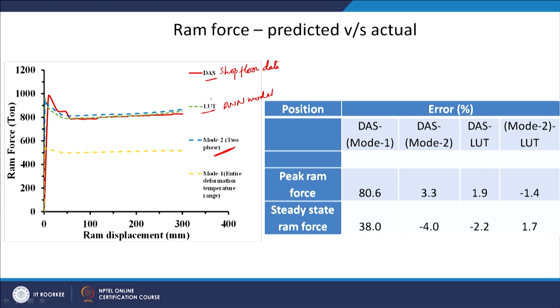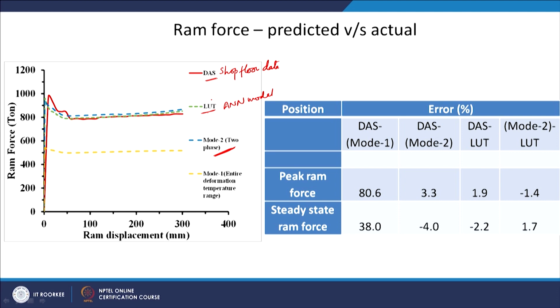And this yellow one here is for the entire deformation temperature range. The peak ram force and the steady state ram force are much lower than the actual values, or the values predicted through the constitutive equation of the two phase region and the lookup table. So, you can understand that the constitutive equation we were trying to develop is able to predict a very close value to the actual shop floor data as well as what we have got from the ANN model.